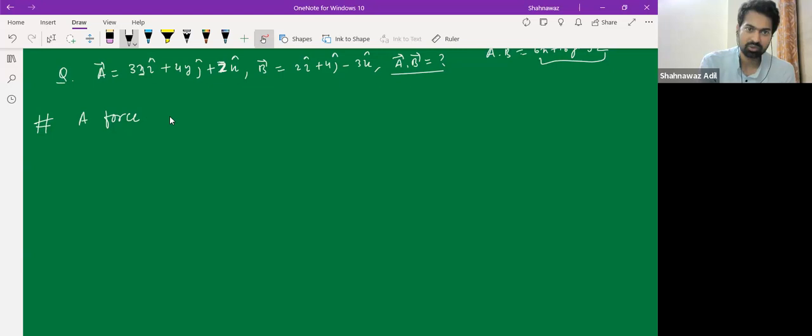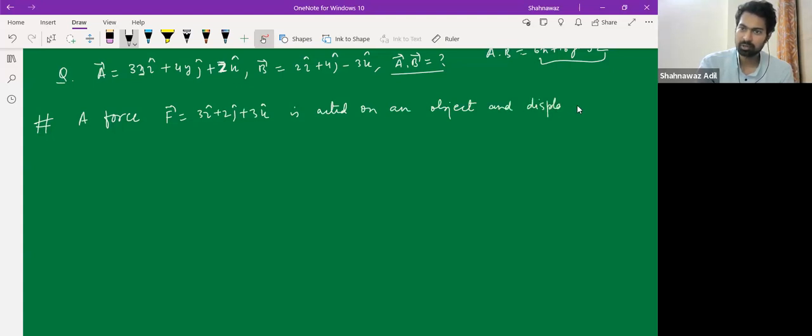A force F, which is let's say 3i plus 2j plus 3k, is acted on an object and displaced it from point A, which is let's say 2, 1, 5, to point B, which is let's say 3, 1, 2.